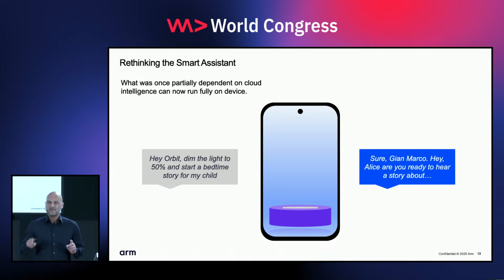You don't necessarily need an internet connection to control your devices at home. You can ask Orbit, for instance, which is just a name we have given to the smart assistant, to dim the light to 50%, and also tell a bedtime story to your child. And your device can know the name of your child and start telling the story without an internet connection.